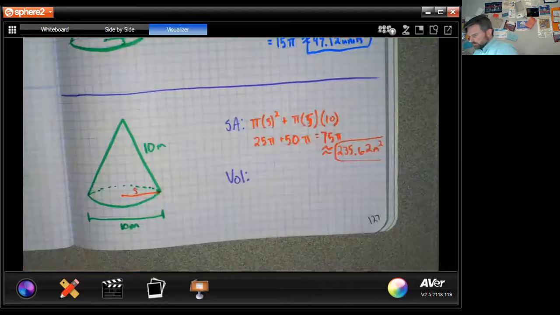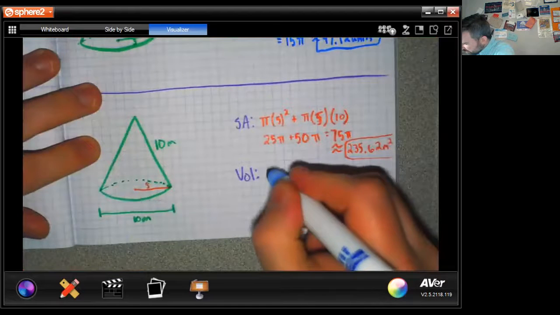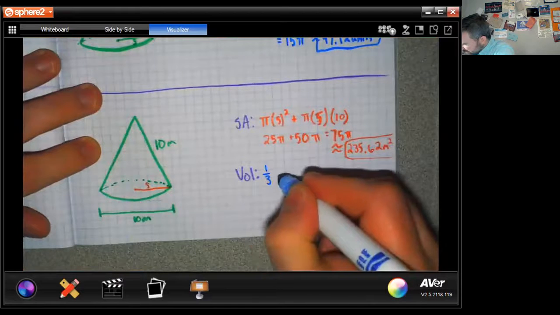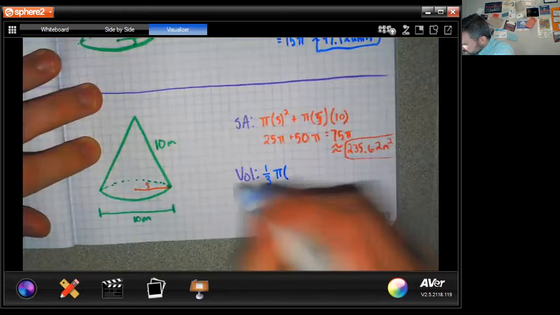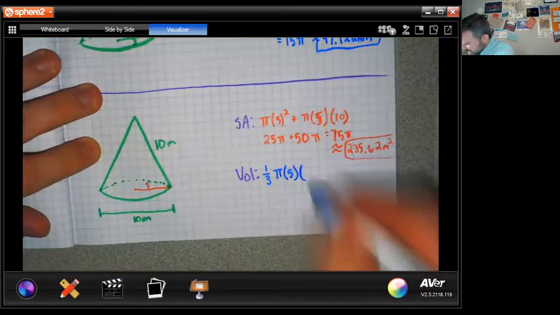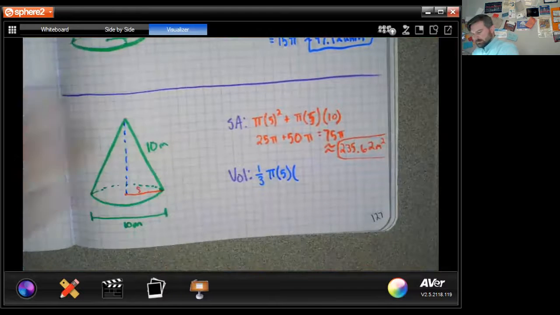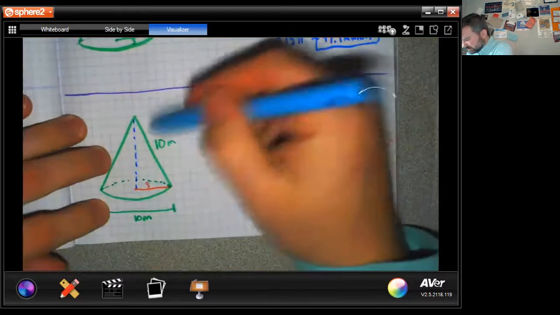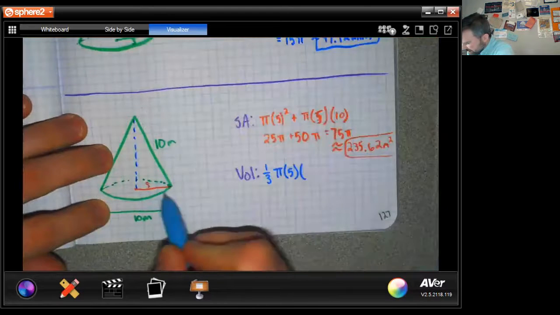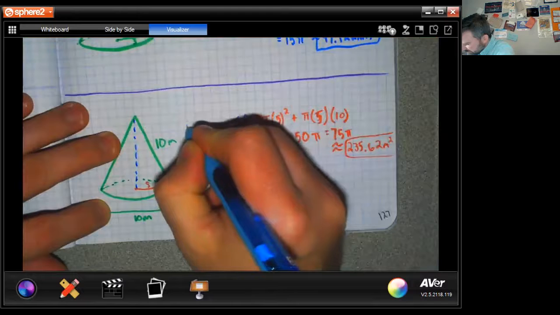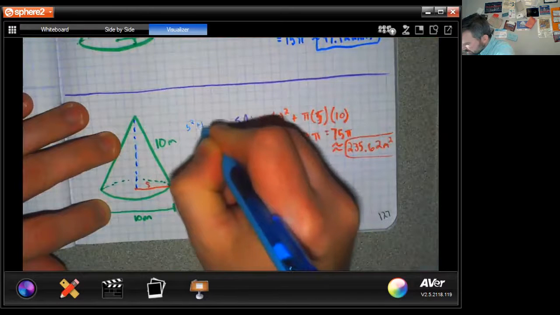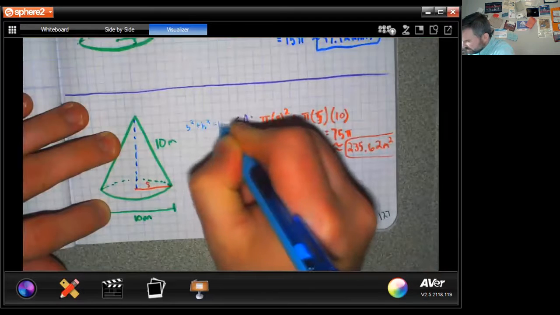Now for the volume, we have 1/3 pi r, which is 5, times the height. Now I don't actually have the height, but I have that the hypotenuse is 10 and a side is 5. So we have 5 squared plus h squared equals 10 squared.